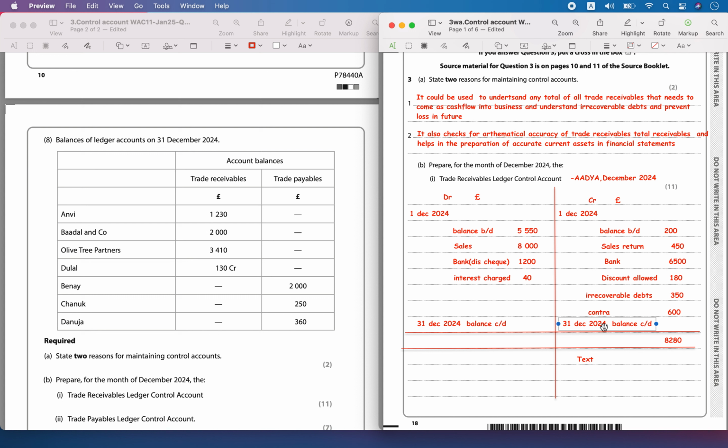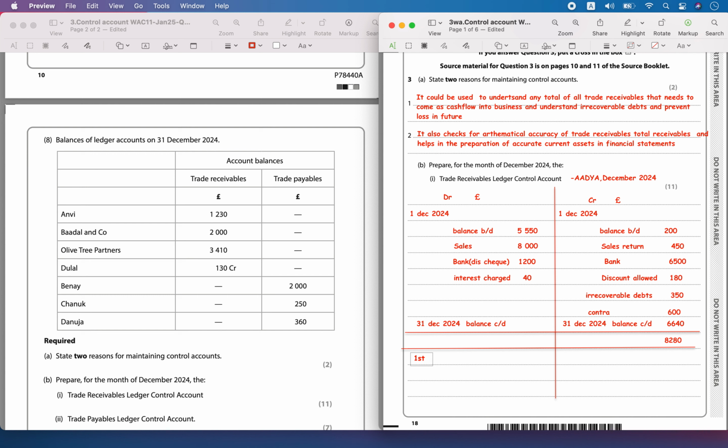So the balance carried down on 31st December, on credit by Bilal, was 130. And the balance on the debit side should add up to 1230 plus 2000 plus 3410, so that is 6640. So this is a debit balance.